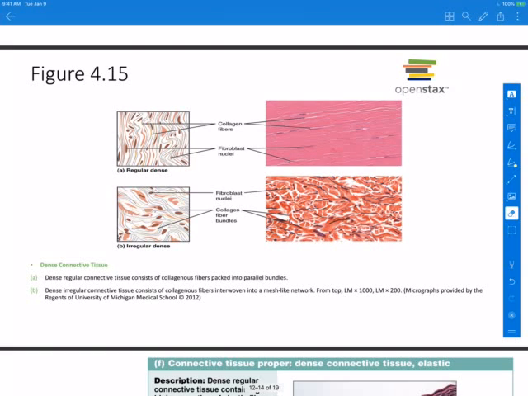Dense connective tissue contains many more collagen fibers than loose connective tissue, so it has even a greater resistance to stretching. And there are basically three types of dense connective tissue. There's regular, irregular, and elastic.